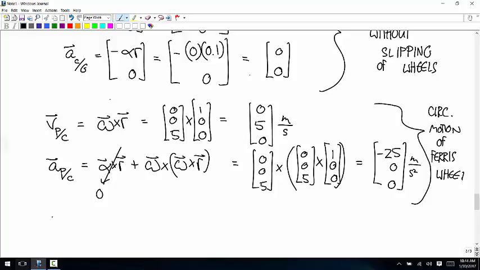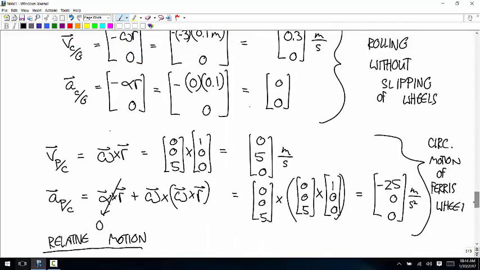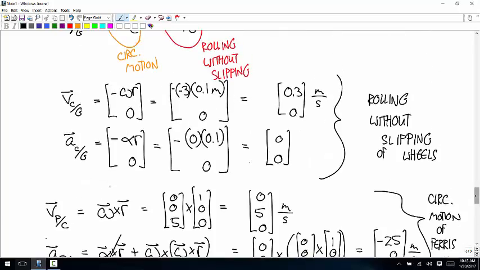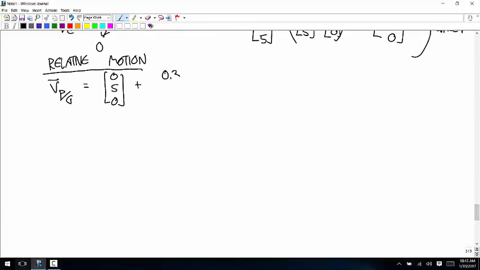And now we can combine these. Go back to the relative motion. Velocity of P relative to the ground is 0, 5, 0 plus 3, 0, 0.